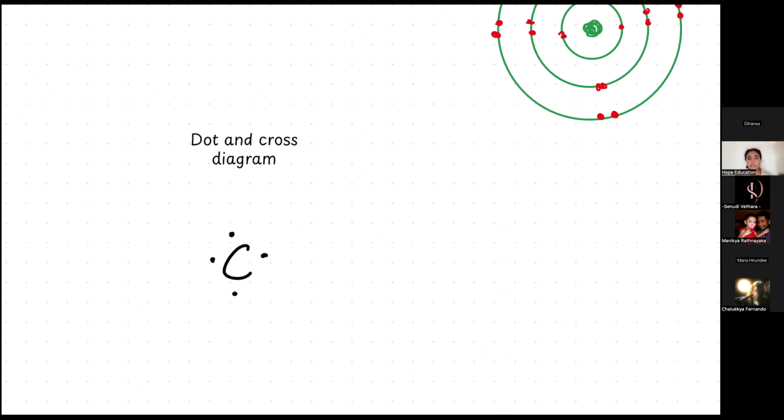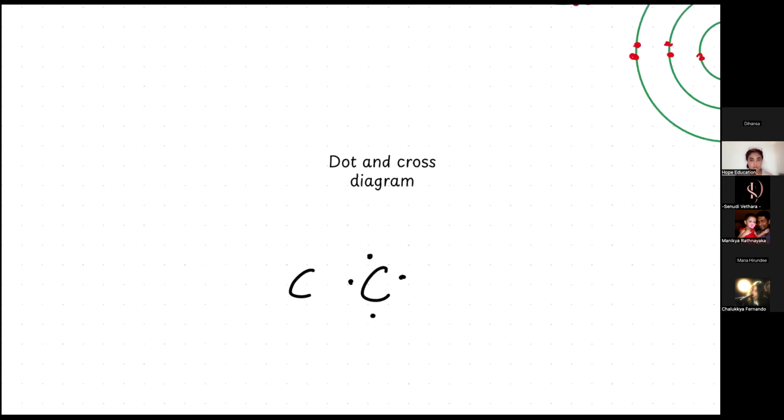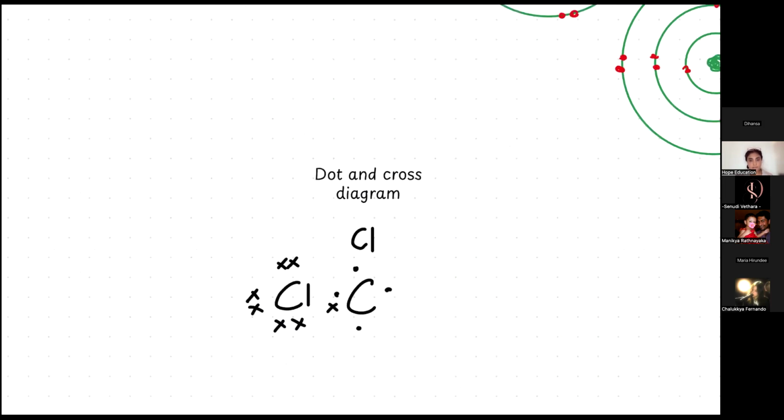Taking chlorine, there are 2 inside and 8 here, which are not relevant. We only care about the outermost energy level, where there are 7 electrons: 2, 4, 6 as lone pairs, and one shared electron. Likewise there is chlorine here, like this, and chlorine here.